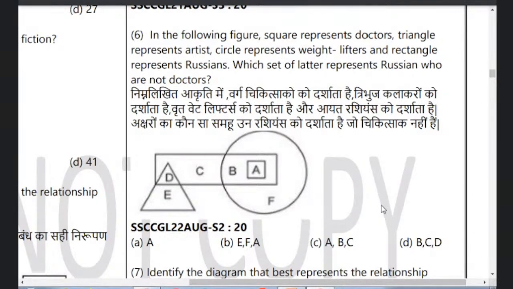Square represents the doctor, triangle represents the artist, and circle represents weightlifter. Rectangle represents the Russian. So which letter represents the Russian who are not the doctor? Square is doctor, and rectangle is the Russian.